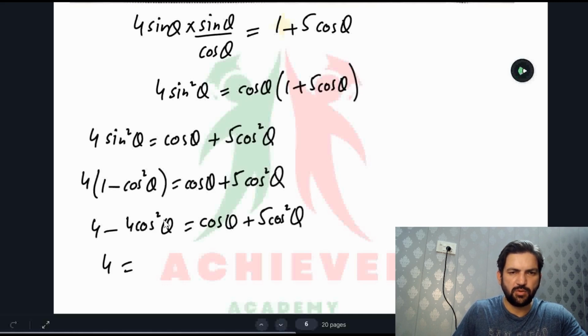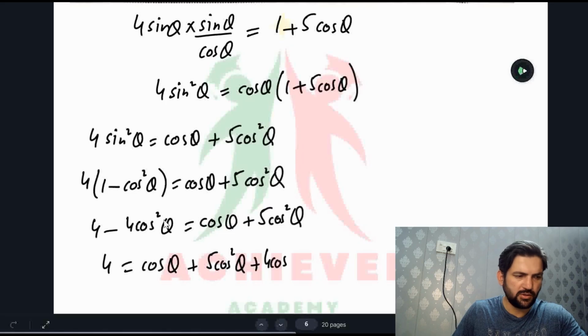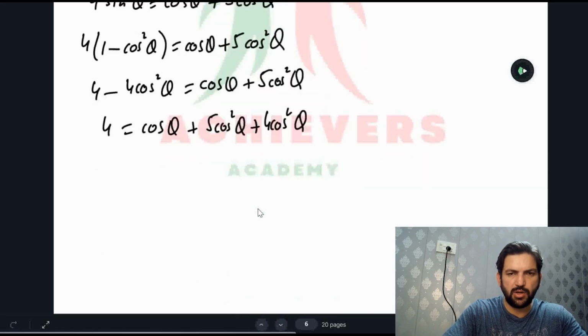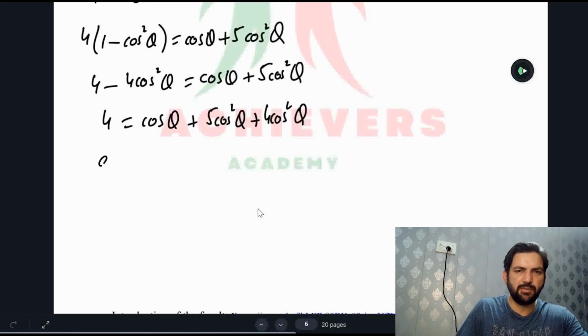Now 4 equals cos theta plus 5 cos square theta plus 4 cos square theta.